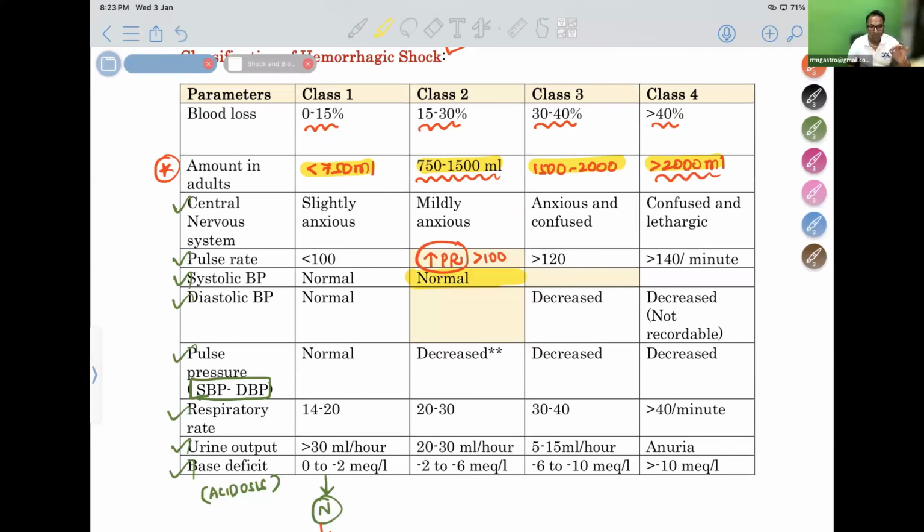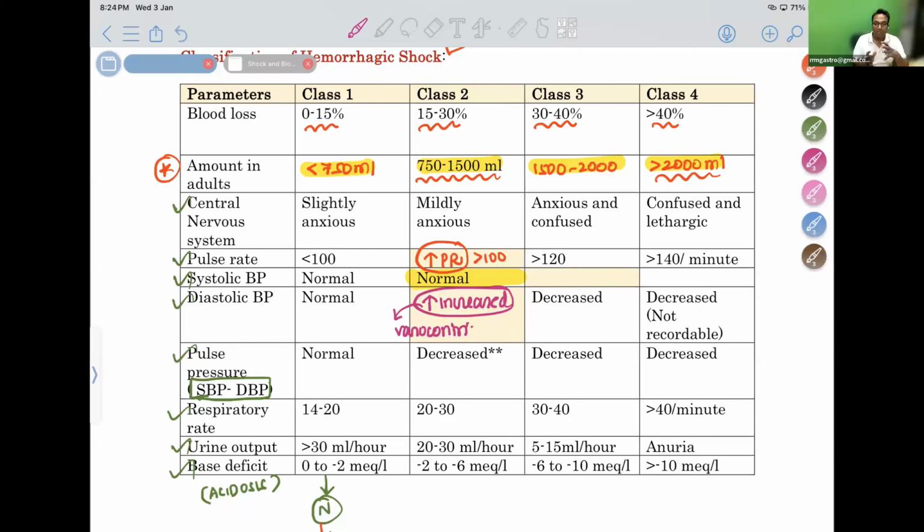So systolic BP is normal, and the diastolic BP is increased because of peripheral vasoconstriction. Very interesting point: as I told you, diastolic BP is determined by peripheral arterial resistance. So there is vasoconstriction, and the diastolic BP increases in class 2 shock.